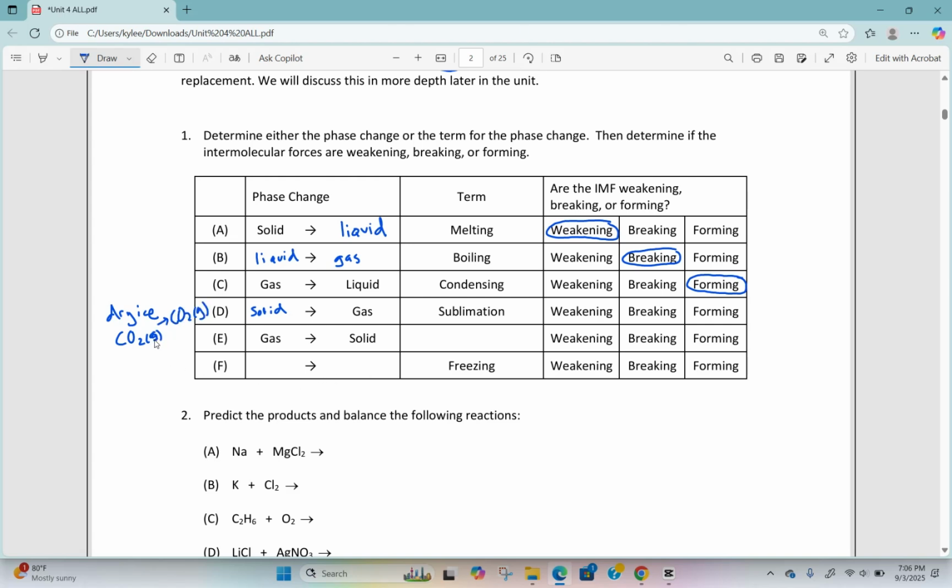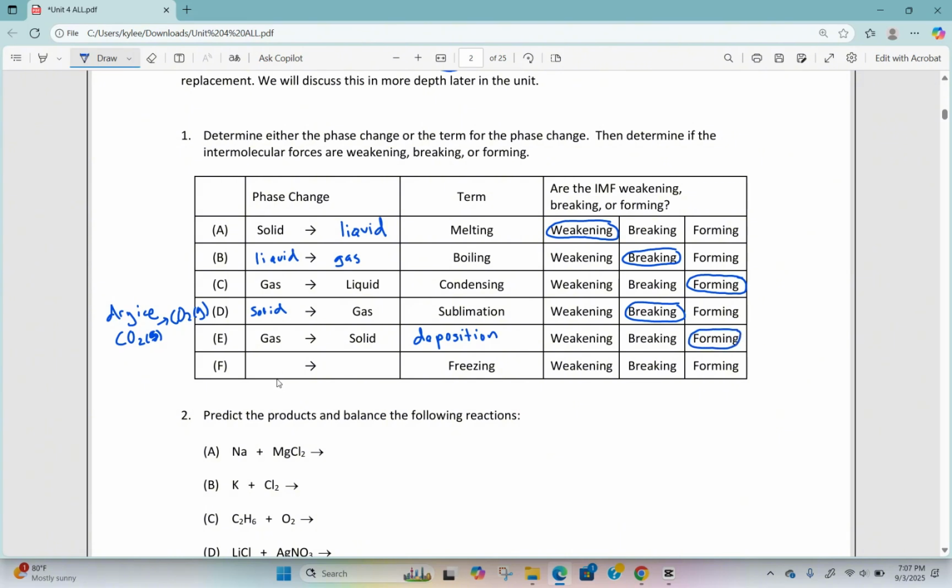So that S looks a little bad. There we go. If I'm going from a solid directly to a gas, then that would be the overcoming of IMFs. They're completely separating the particles from each other. A gas going to a solid also has a special name, and that's called a deposition. And this would be a forming of the IMFs.